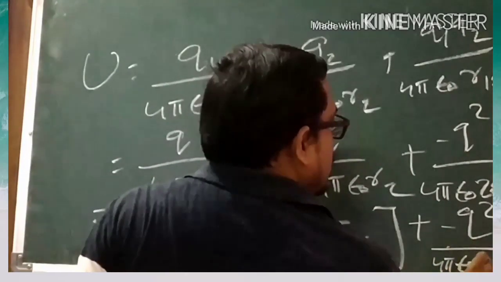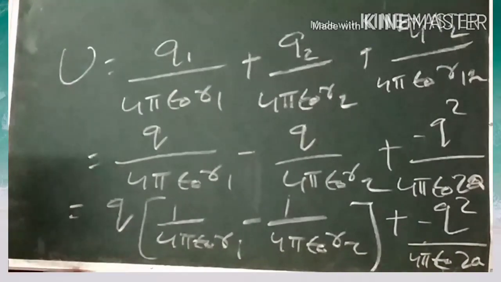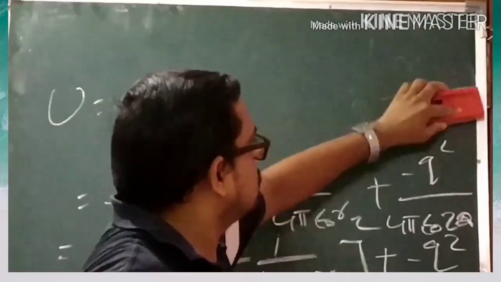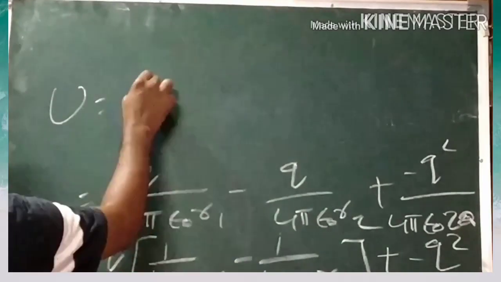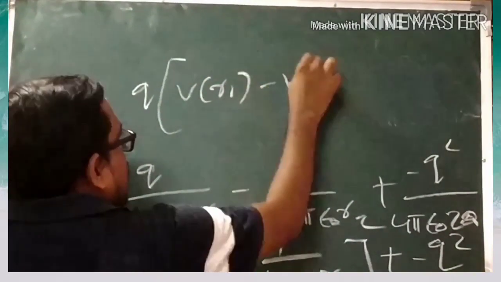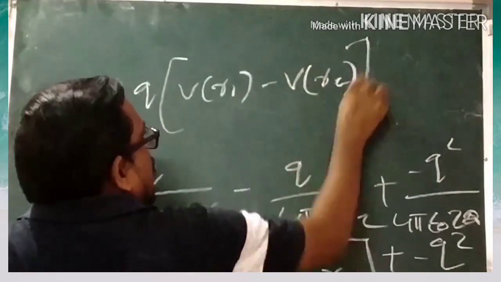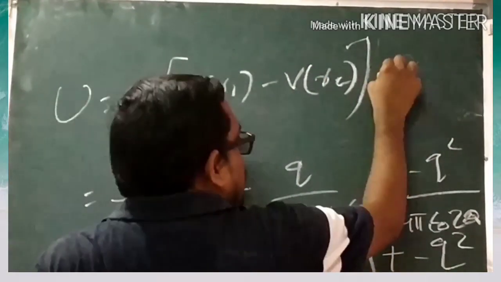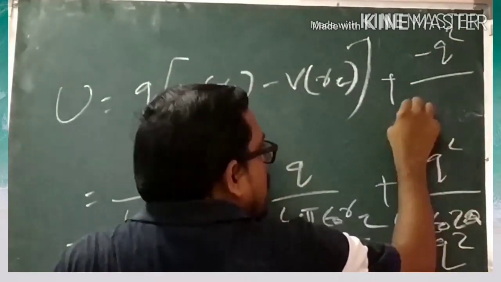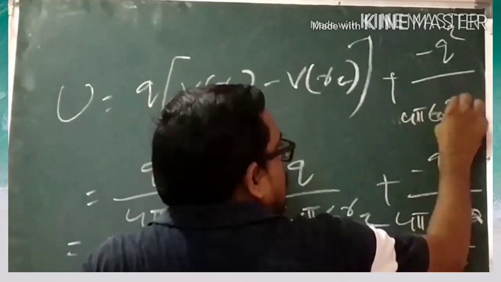Okay, now we can write down Q into V of R1 minus V of R2 according to the formula for the system of charges. Now this will be equal to Q square by 4 pi epsilon 0 2a.